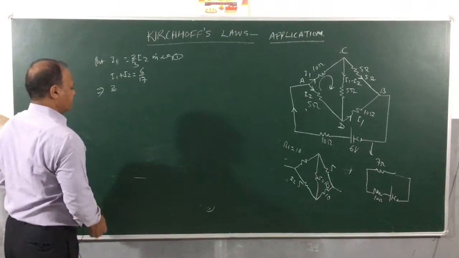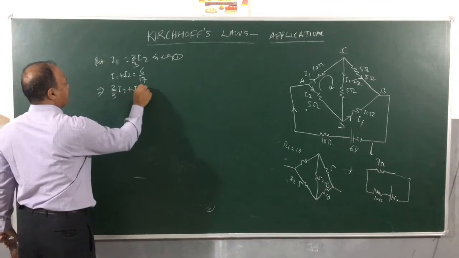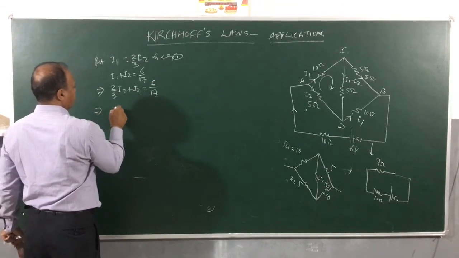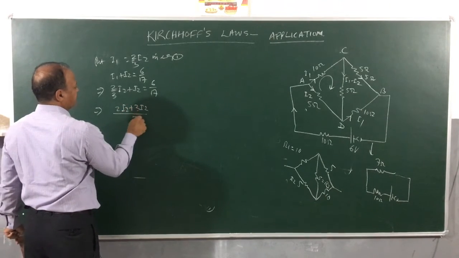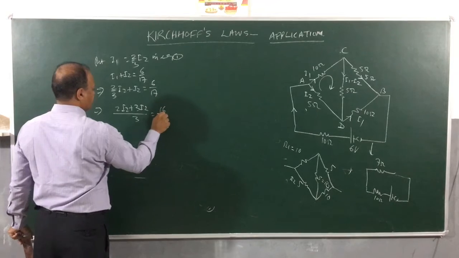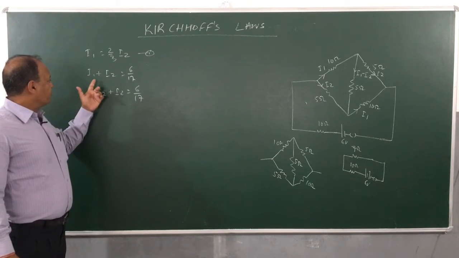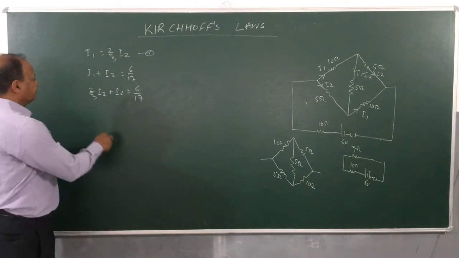So we have 2 by 3 I2 plus I2 is equal to 6 by 17. Now we have (2 I2 plus 3 I2) by 3 is equal to 6 by 17, right? Now, we put the value of I1, that is equal to 2 by 3 I2, and we will be solving it.